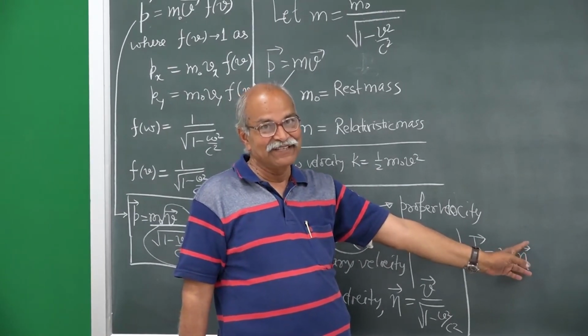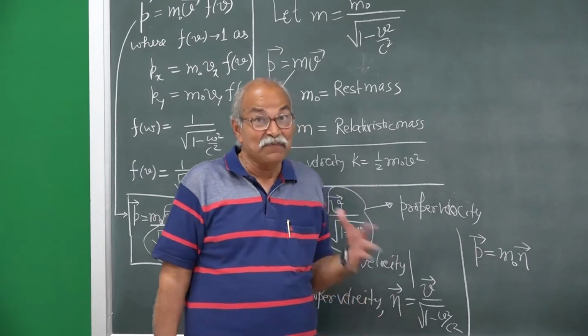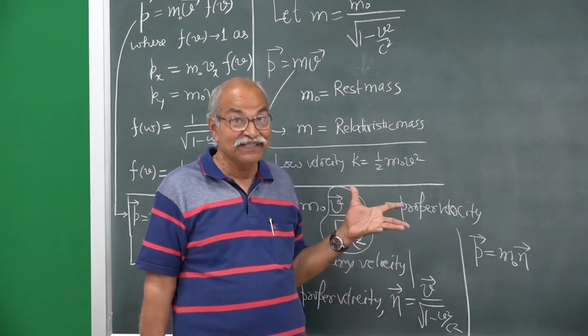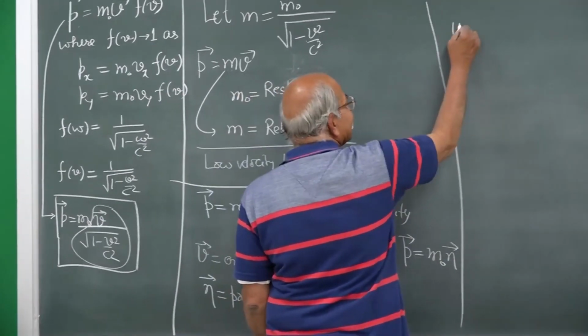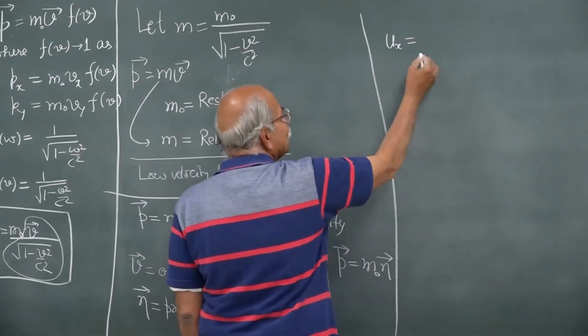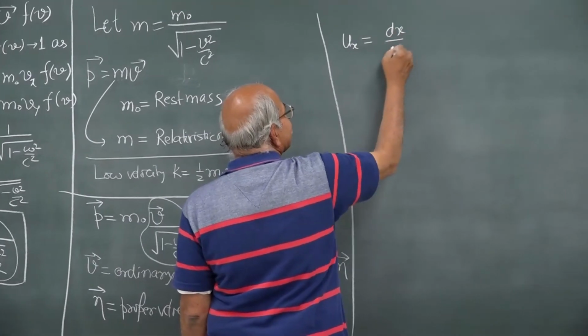What is the significance of this eta, this proper velocity? Why are we calling it proper velocity? How do you define ux? You define ux as dx by dt.